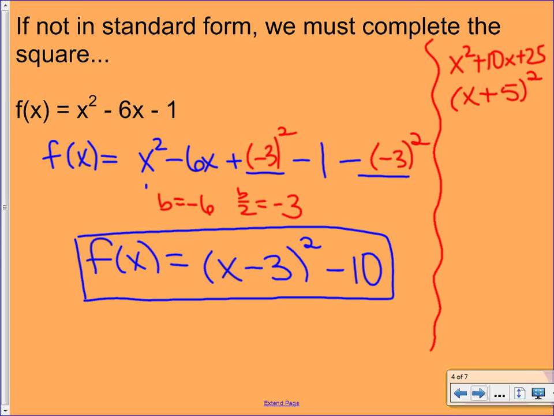So anytime we have a perfect square trinomial, this number right here, if we cut it in half and square it, will always be this number. Okay, so 10 cut in half is 5 squared. Here's another one. This factors to x plus 2, the quantity squared. If we cut this in half, we get 2, square it, we have 4. Okay, so that's the pattern of a perfect square trinomial.